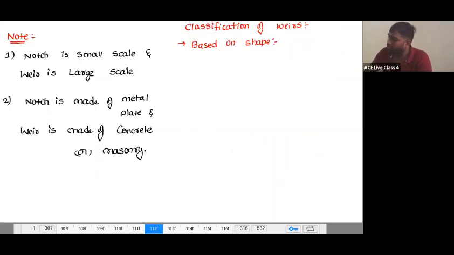You see here, weir or notch. If I say weir, that is replicable for the notch also. Notch is a small scale, weir is a large scale. That's the only difference.